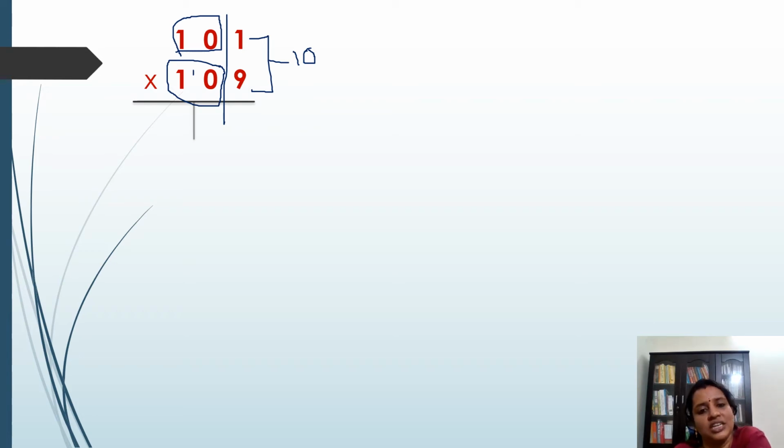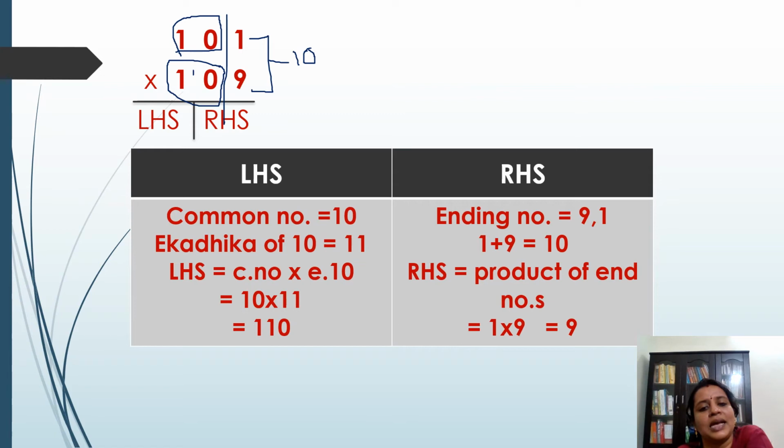Yes. Initially I have to divide my answer into two parts, that is the LHS and the RHS, isn't it? So for LHS, I have to first find the ekadika of this 10. Ekadika of this 10 is 11. For my LHS, I have to multiply this common number with the ekadika of this number.